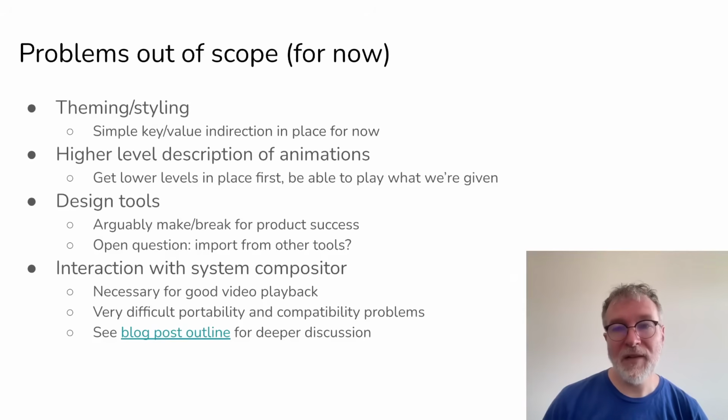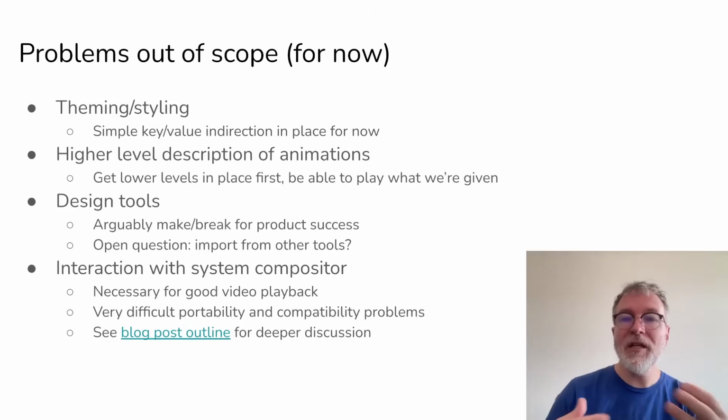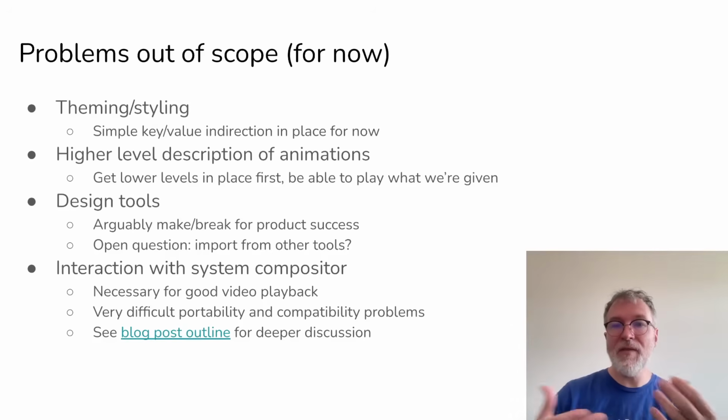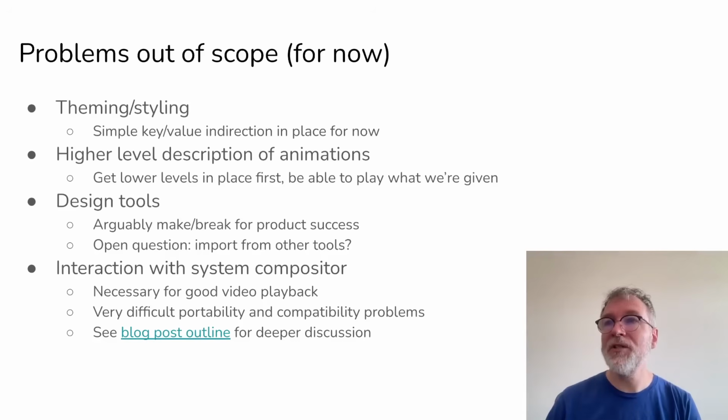And then the last thing, and this touches on one of the questions that got asked earlier about advanced drawing. On the longer term roadmap for this work, you want to interact with the system compositor. You want to be able to have content that's in its own compositor node, and then that compositor node is being composited by the system with the UI content that we're generating.